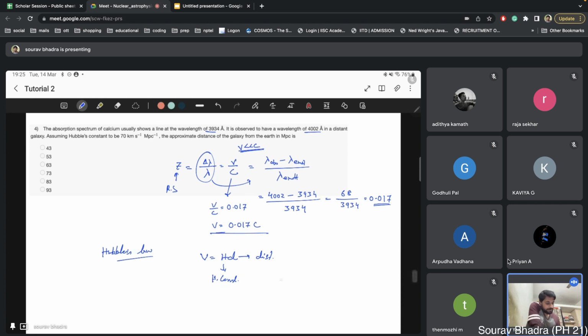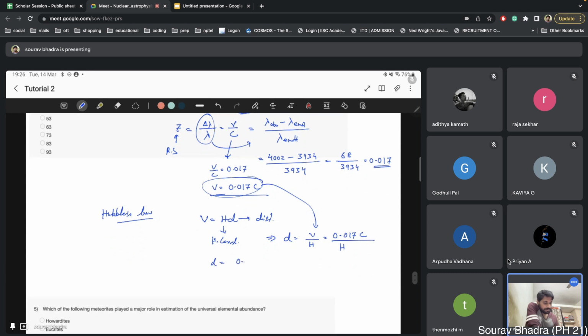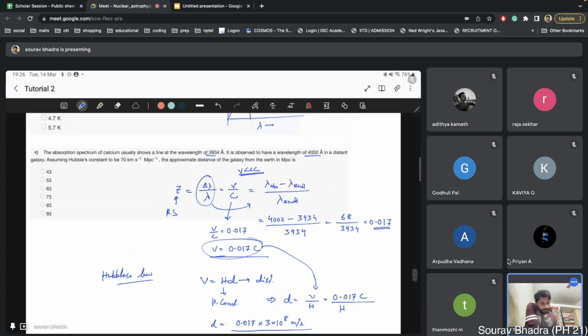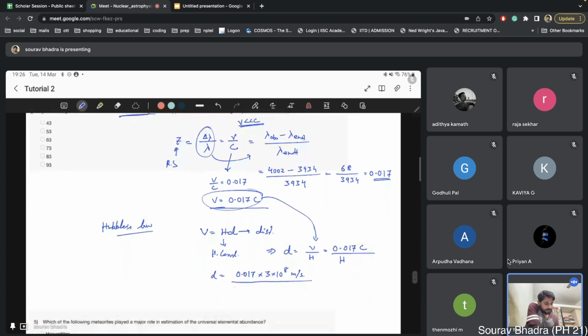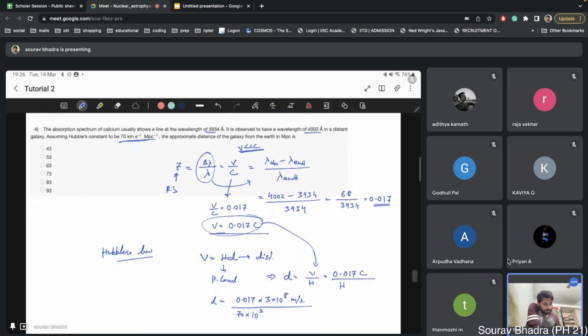So V equals H d, that means your d is V by H, and V you have already calculated: 0.017 C by H. Now just put the values. 0.017 C is actually 3 into 10 to the power 8 meter per second, divided by H, which is given as 70 kilometer per second per megaparsec. So we will convert that kilometer to meter.